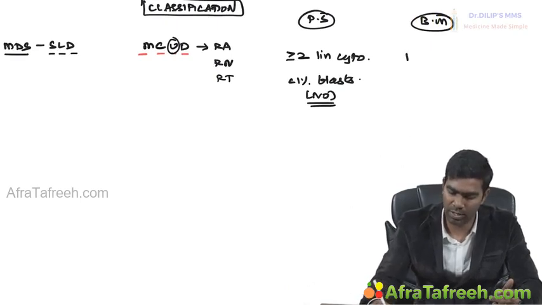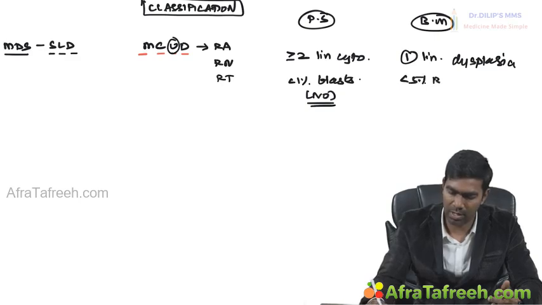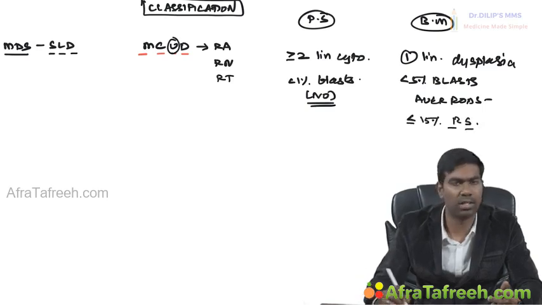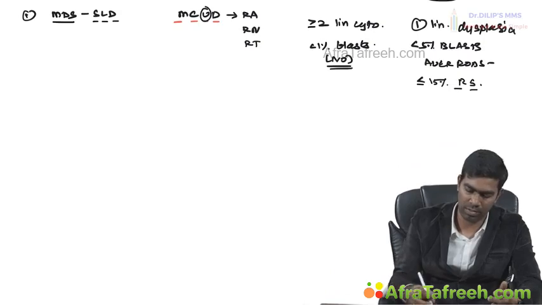Bone marrow will show one lineage dysplasia, because this is unilineage dysplasia, and less than 5% blasts. They will not have any Auer rods to suggest leukemia, and less than 15% will be ringed sideroblasts. When I write RS, it is ringed sideroblasts. So this is the feature of MDS with single lineage dysplasia.